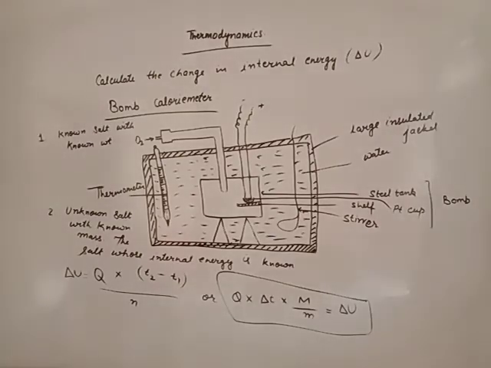Beta, bomb calorimeter is the instrument which is used to calculate the change in internal energy. If we want to calculate the change in enthalpy, not internal energy.